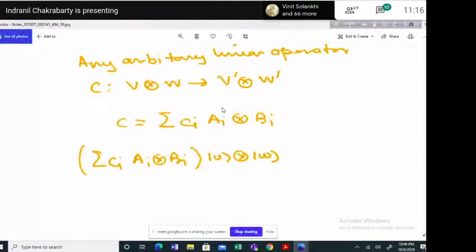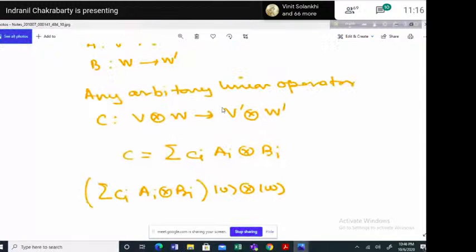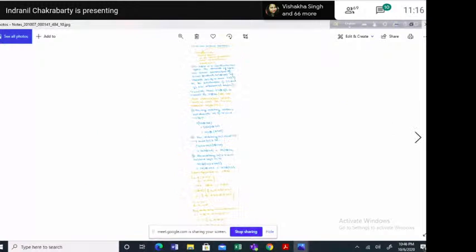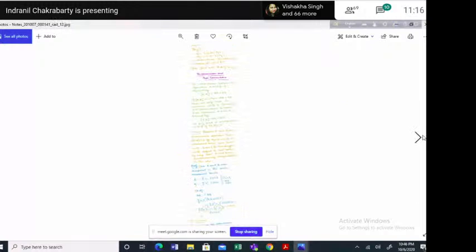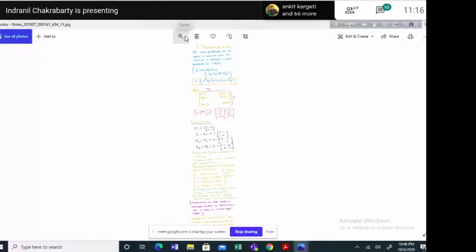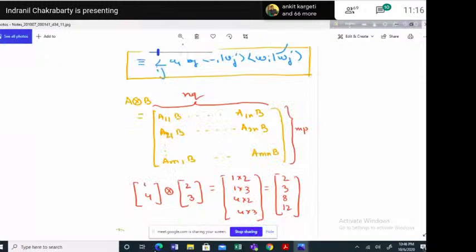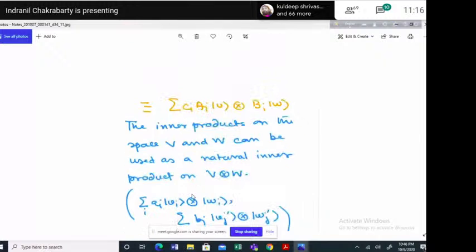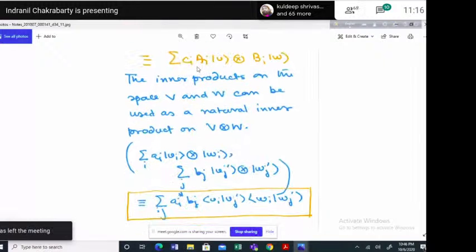Then the action of summation ci Ai cross Bi on V cross W is given by summation ci, with Ai acting on V and Bi acting on W. This is the action of a general linear operator on elements of V cross W.